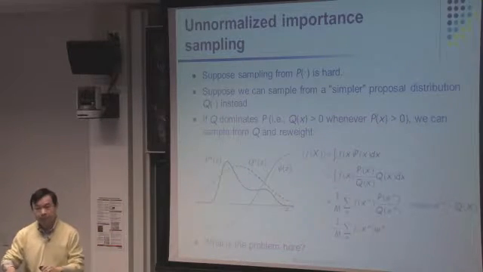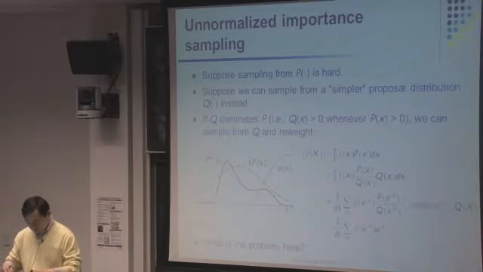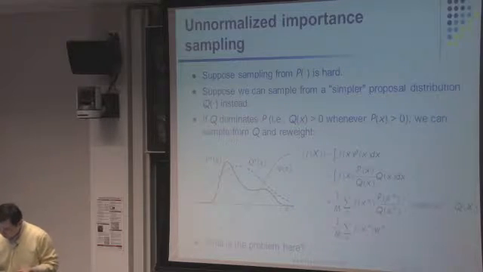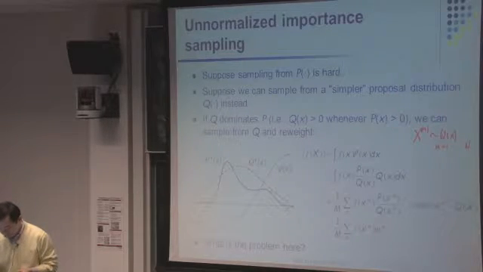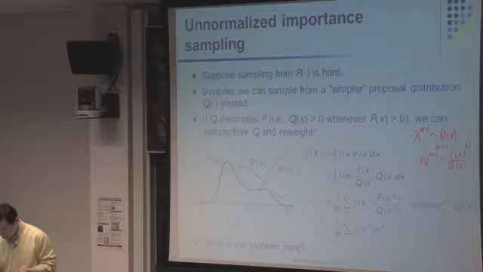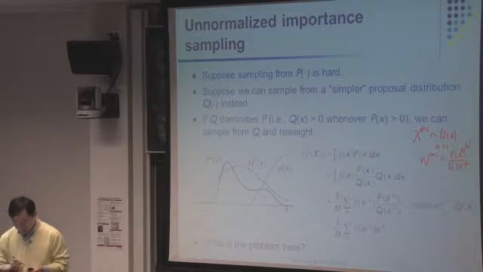So basically, we draw X^m from the Q distribution, for m equal to 1 to M. Then for every one of them, we compute a weight w^m, which is defined by P of X^m over Q of X^m.